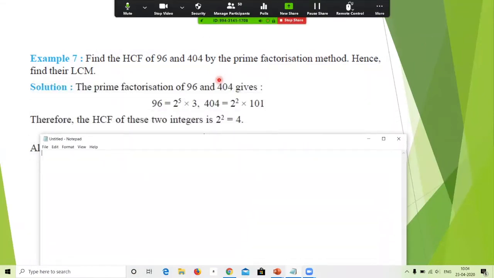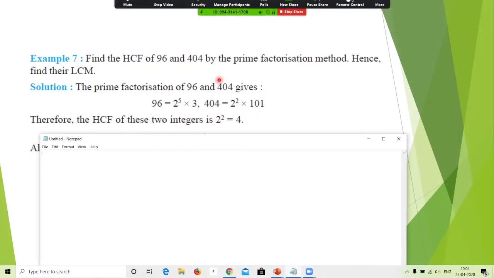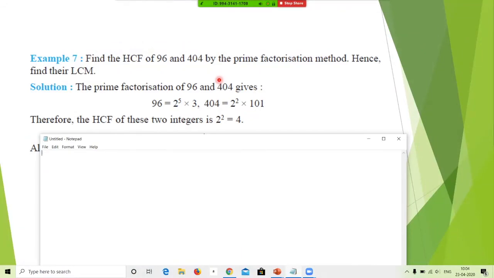So now give me the LCM. So what is the LCM?